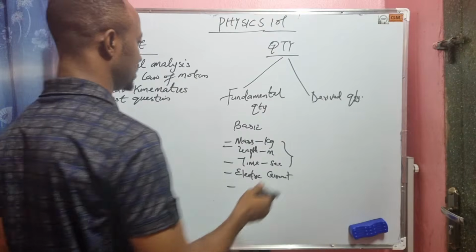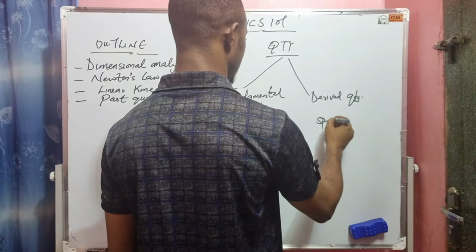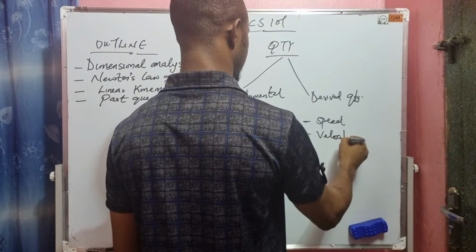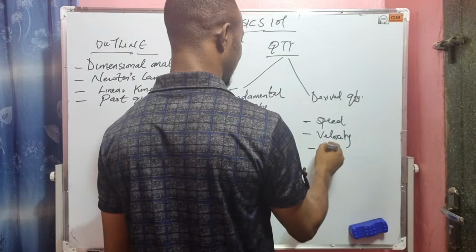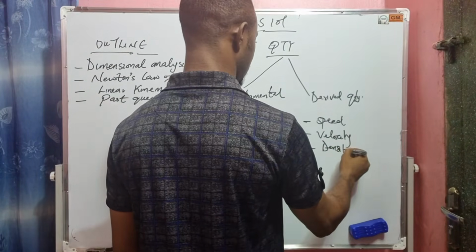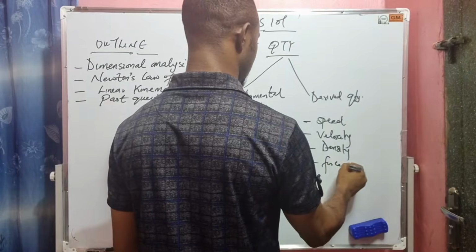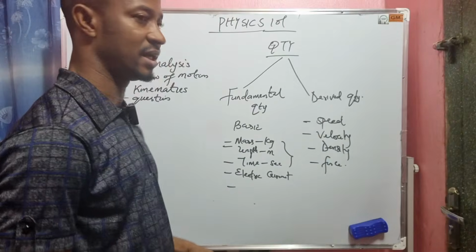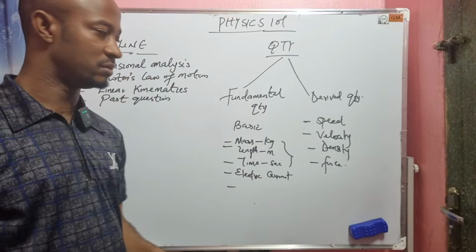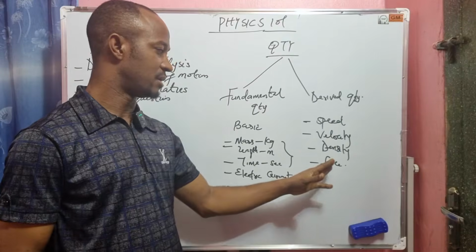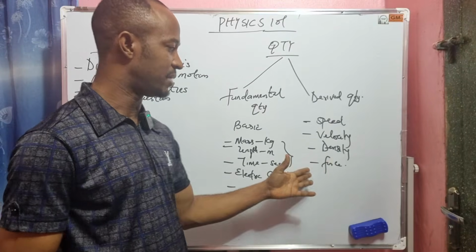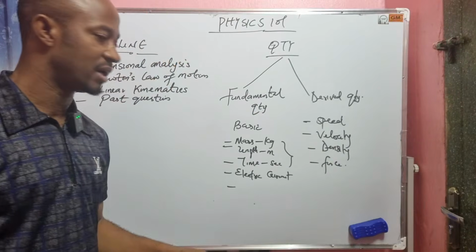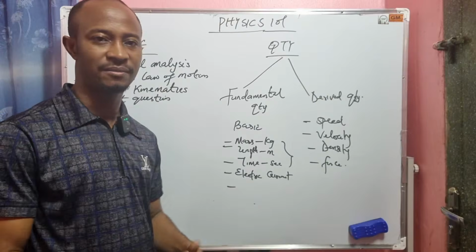A good example of this, we have our speed, we have our velocity, we have our density, we have our force. Speed is distance over time, velocity is displacement over time, density is mass over volume, force is mass times acceleration, work done is force times displacement, power is work done divided by time.